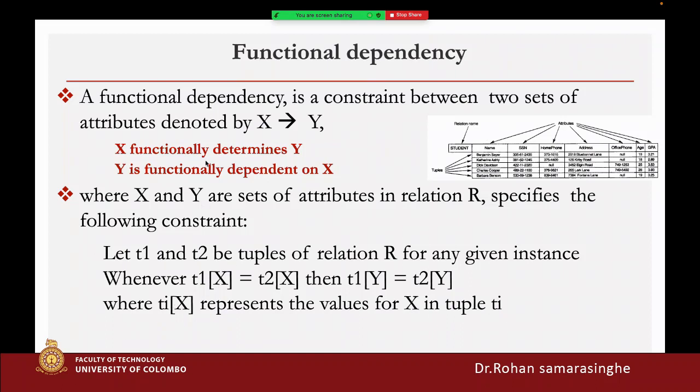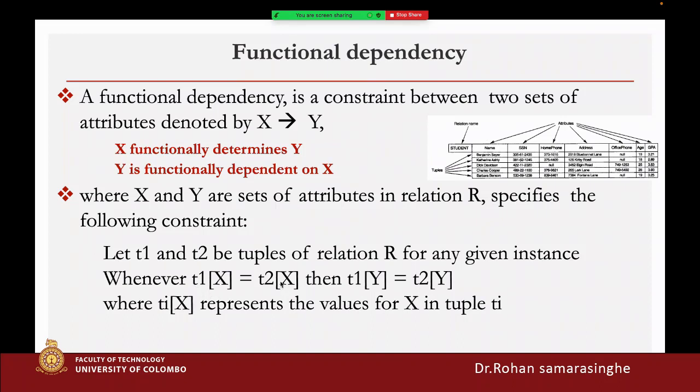X and Y are sets of attributes in relation R. If the tuple 1 set of attributes equals tuple 2 set of attributes, then T1y equals T2y.